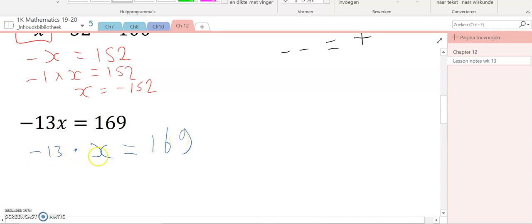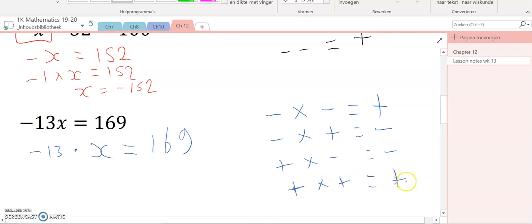Negative 13 times something needs to be 169, and the rules are negative times negative is positive, and negative times positive is negative, and positive times negative is negative, and positive times positive is positive, of course.